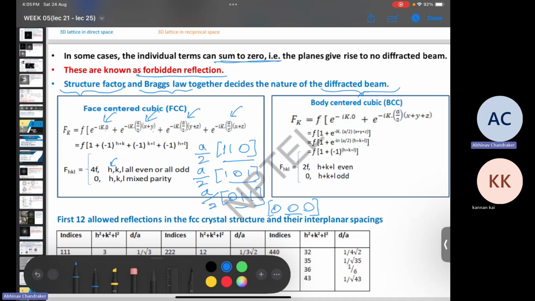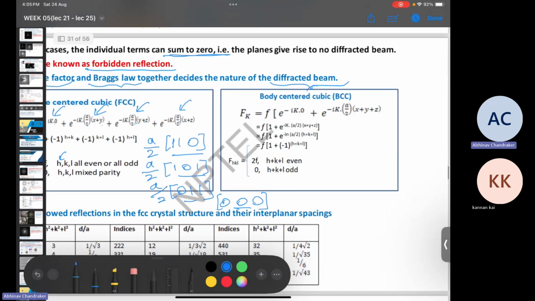If you just keep it a variable as H, K and L and do this computation, what we get is the structure factor will be equal to 4f if H, K and L are all even or all odd, and 0 if HKL are mixed.